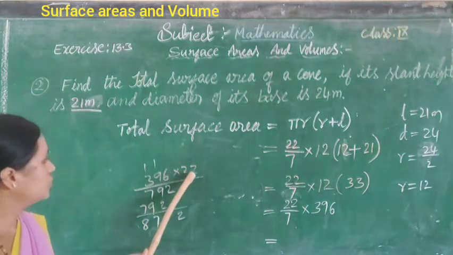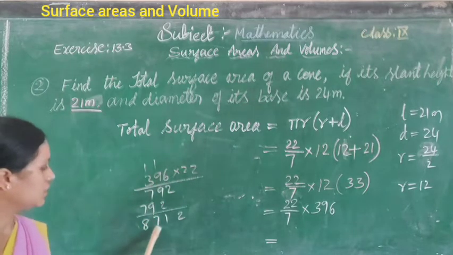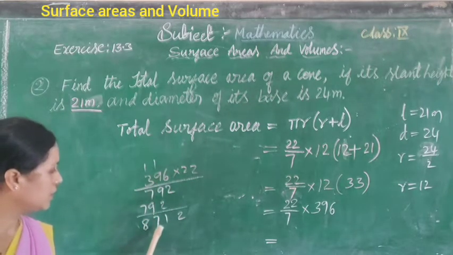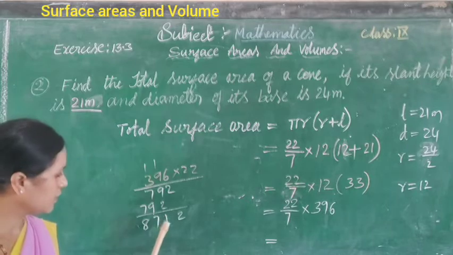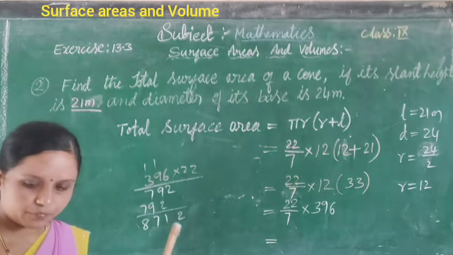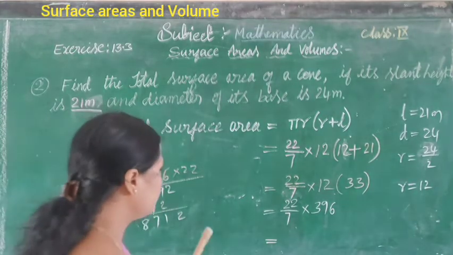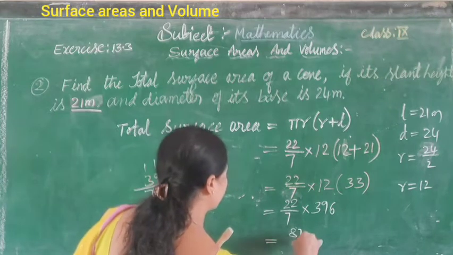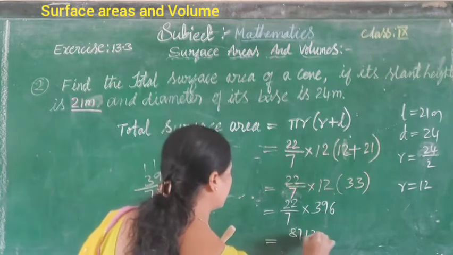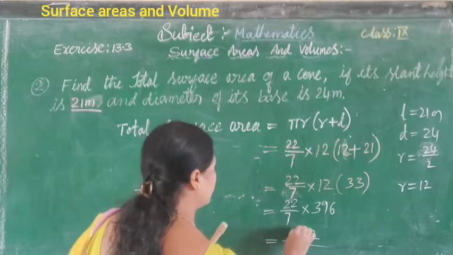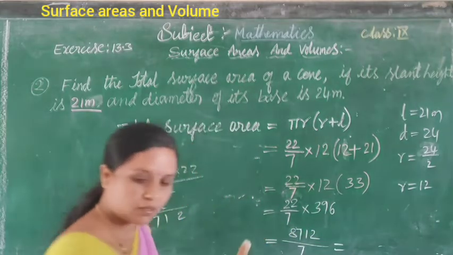So 22 into 396 is 8,712. So now this 8,712 can be divided by this 7.